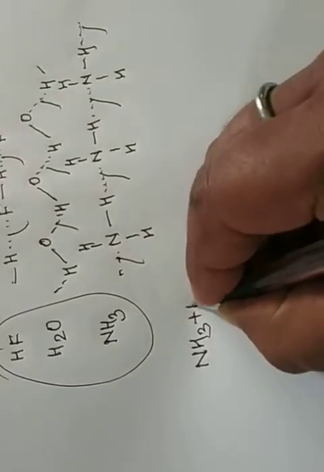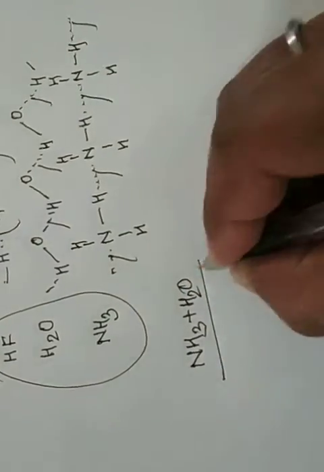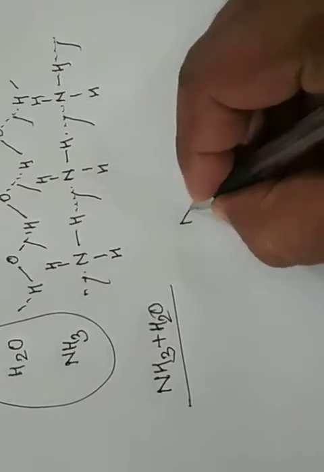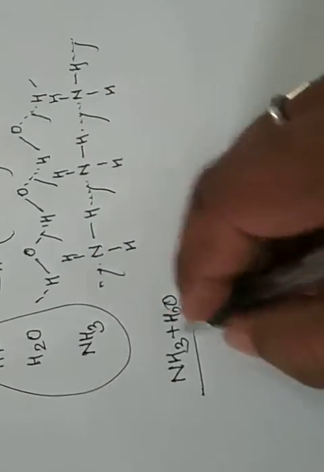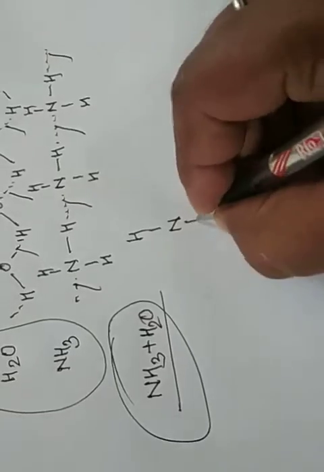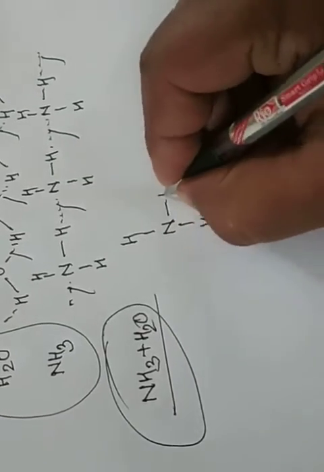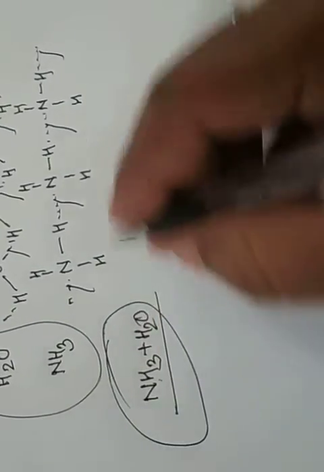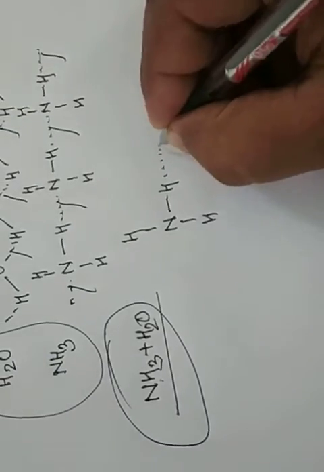Suppose we draw the structure of ammonia and water. You know ammonia is highly soluble in water. So how do we find it? This is a single structure, but there are two molecules. There is NH3, and this hydrogen is attached to oxygen with a dotted line.